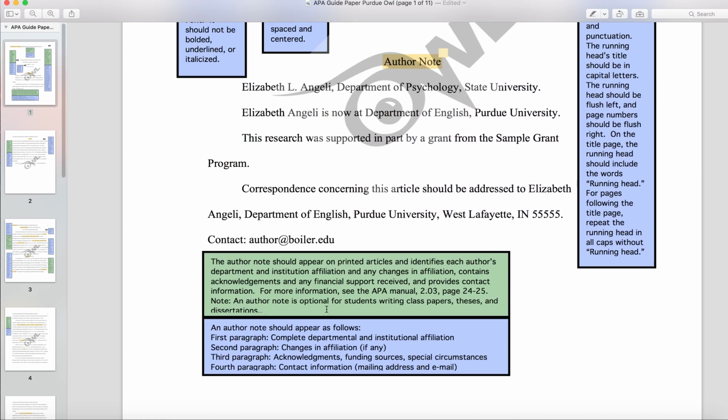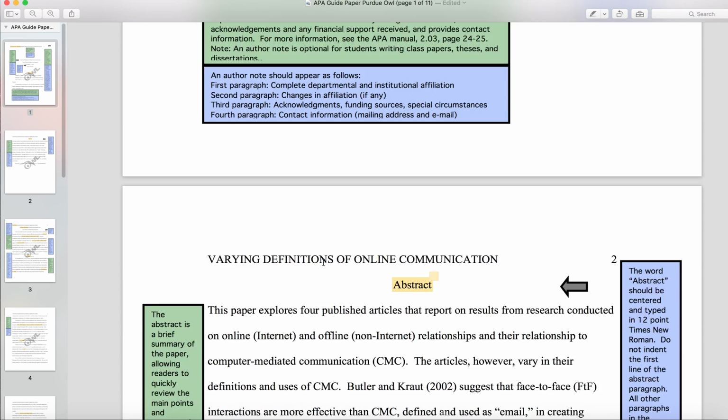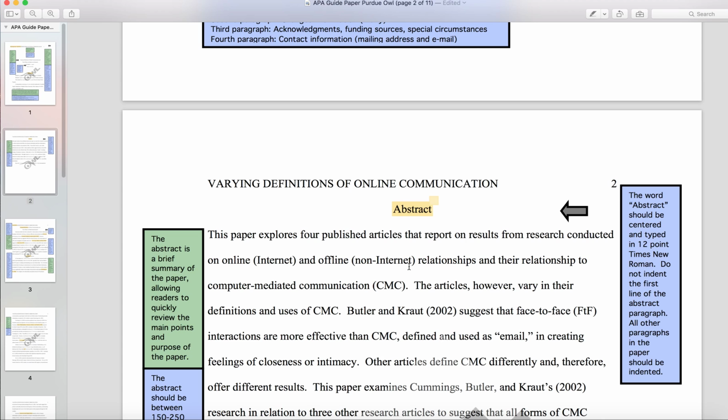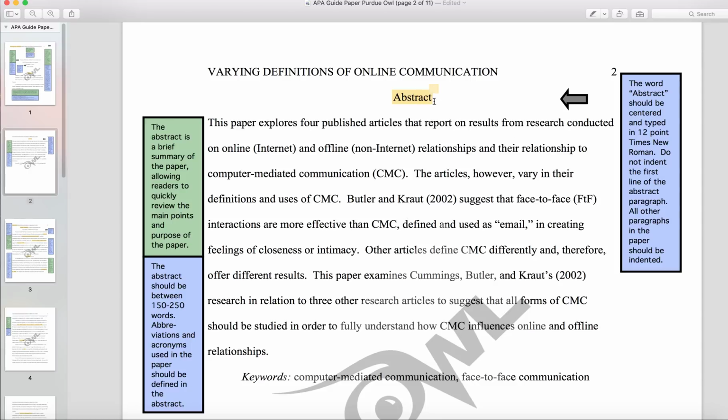So we're just going through here again. You won't need any of this down here. And you also don't need to use an abstract. An abstract is generally for a dissertation, so you're going to be fine there. Notice that abstract isn't capitalized, as well as reference.